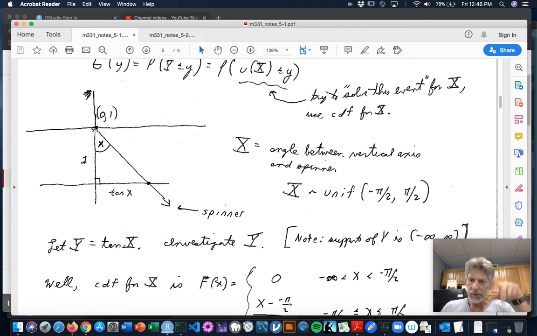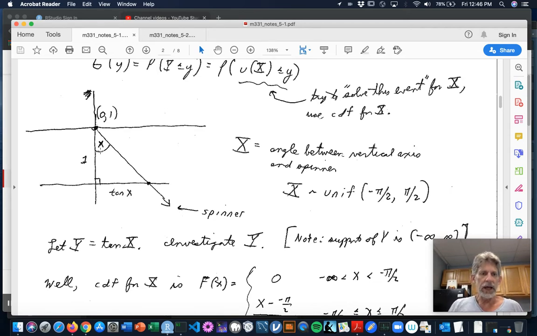And it would just spin, spin, spin, and it would be equally likely to land at any angle. So, of course, there's a 50% chance that the spinner is just going to land pointing up, in which case I just throw that away. So I'm only going to look at what happens if the spinner lands with the arrow pointing down somehow.